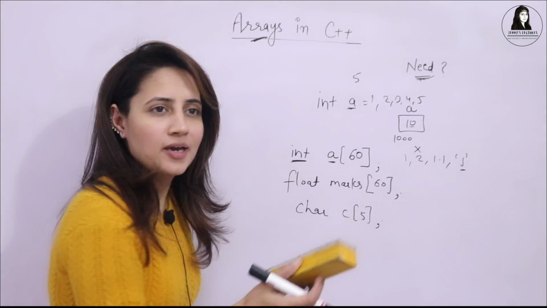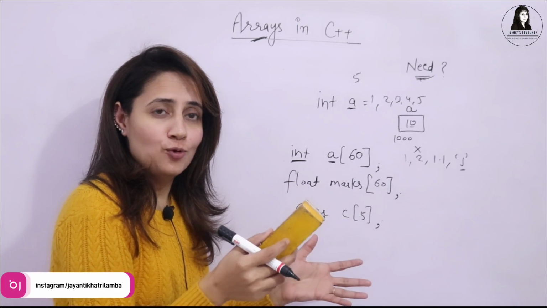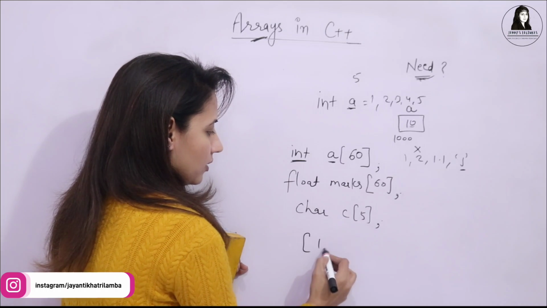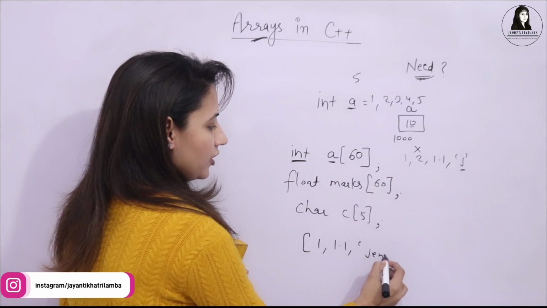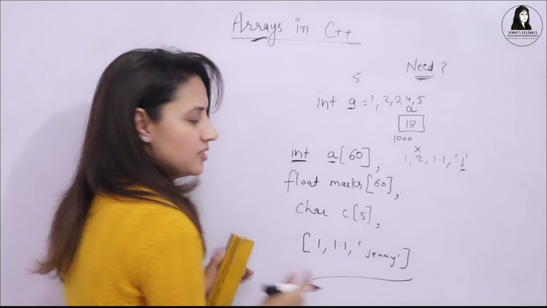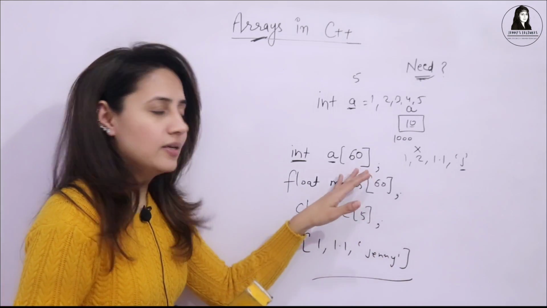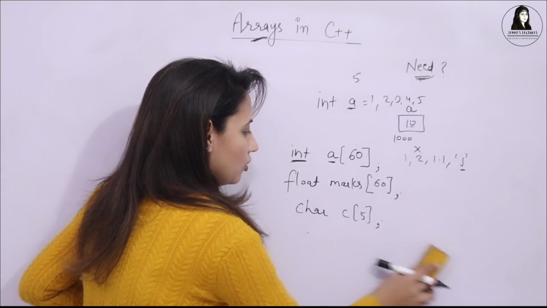Mixing is not allowed. Like in Python, in a list we can store mixed data types, like an integer, 1.1 float, or a string. But this is a Python list, and this is C++ and we are discussing arrays. So in arrays, this mixing is not allowed.